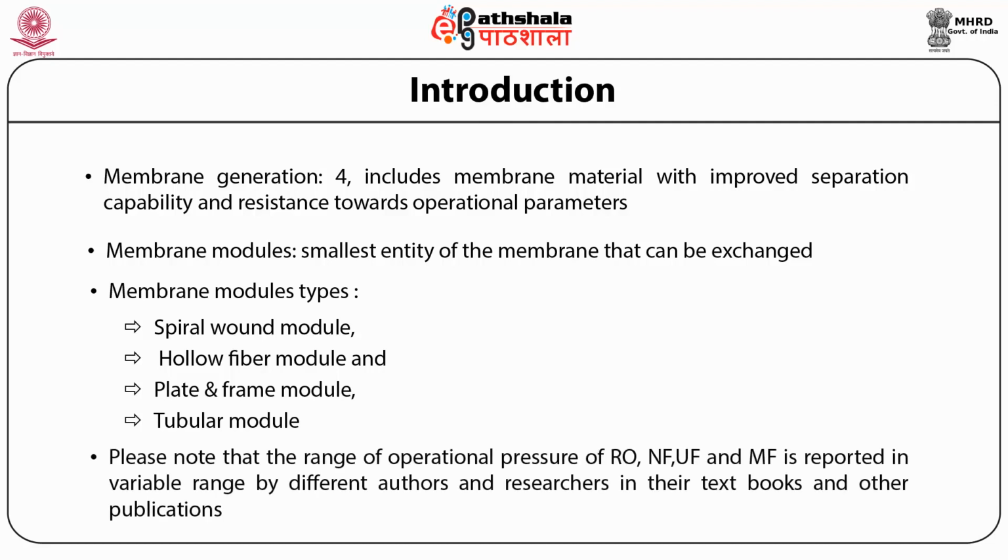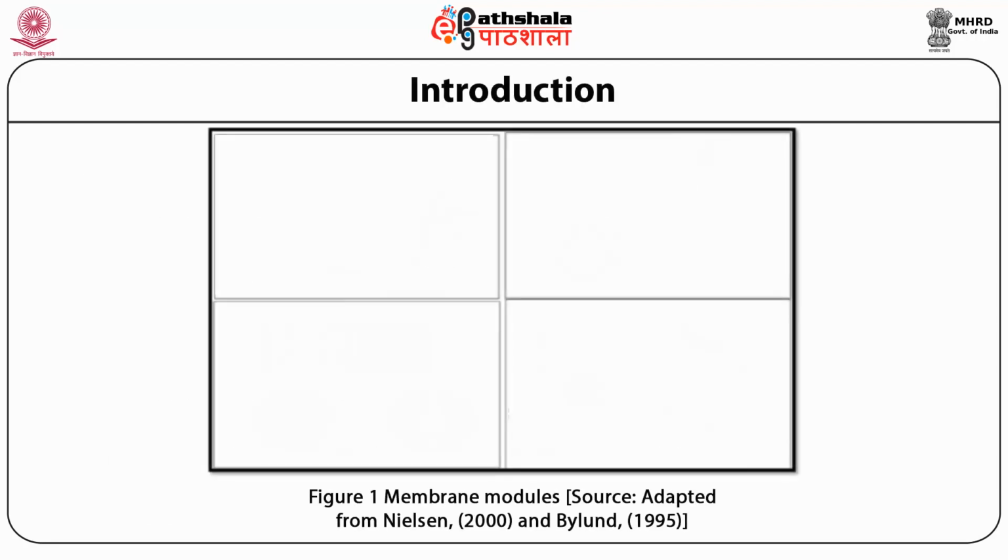That means a single module can be used for one or more processes but has its own advantages and disadvantages. Pictographic representation of all four membrane modules of configuration is shown in figure 1, while their typical characteristics are shown in table 2 that we will discuss later on.